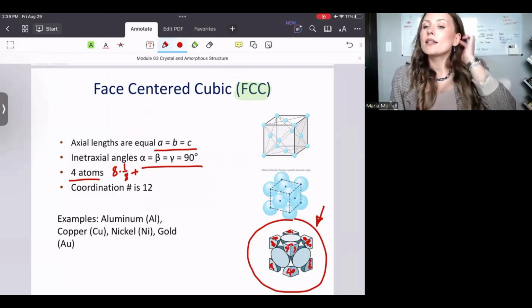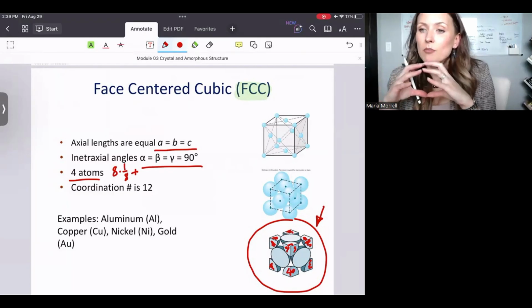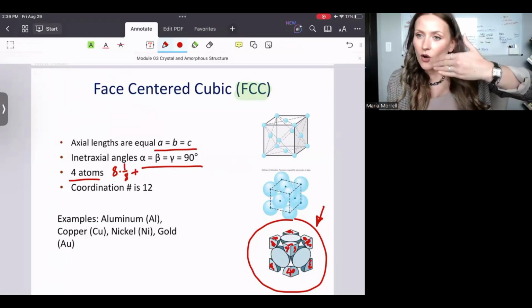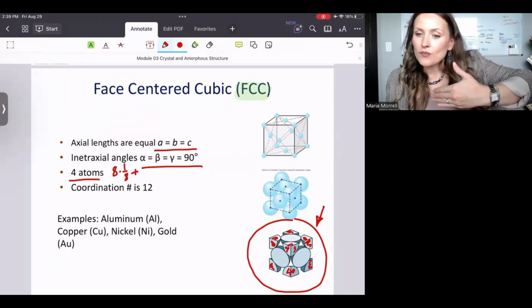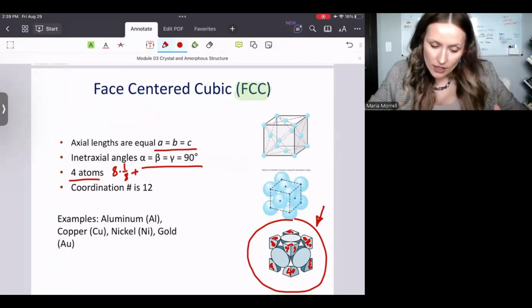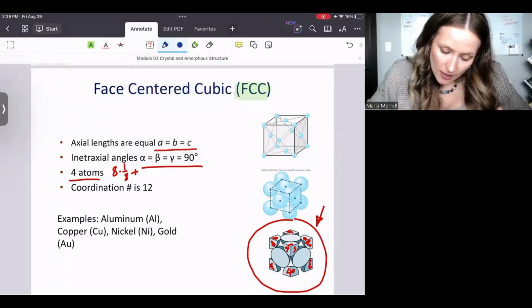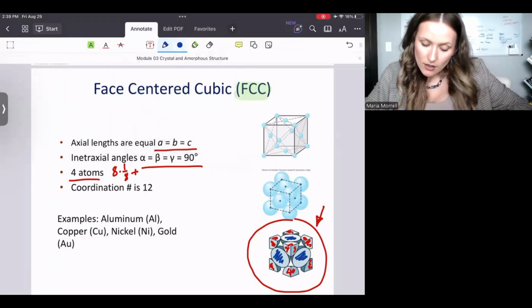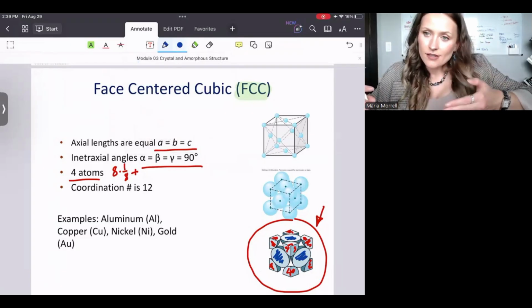And now, instead of one whole atom in the middle, you actually have a slice of each in the face, right? So that means I have this 1, 2, 3, 4, 5, 6.